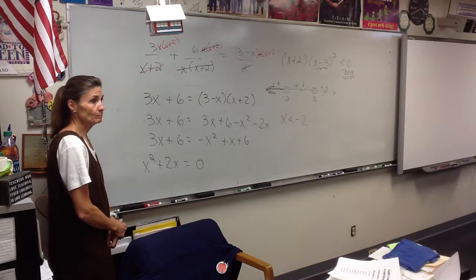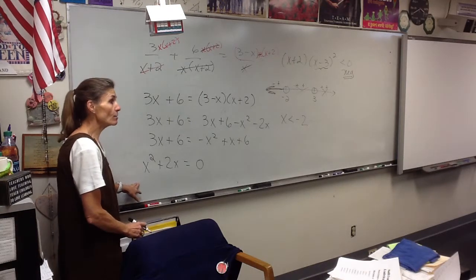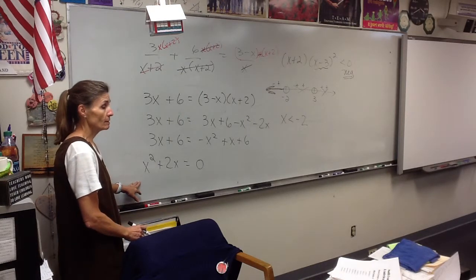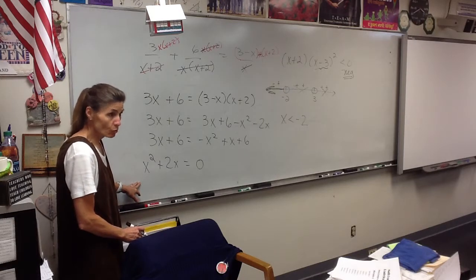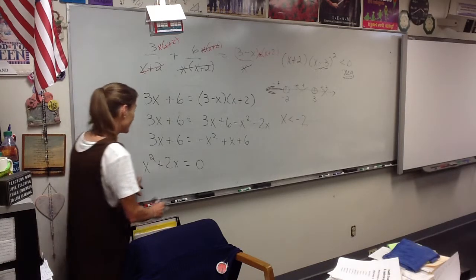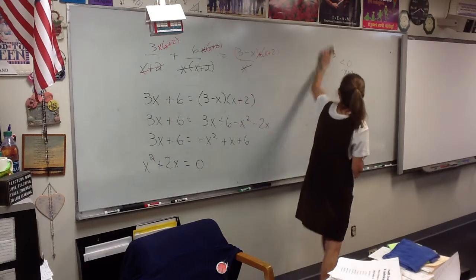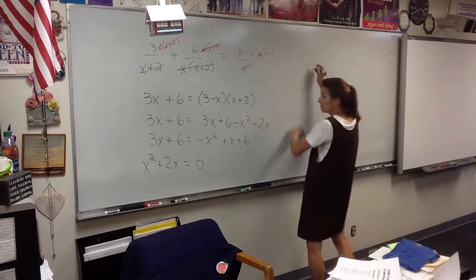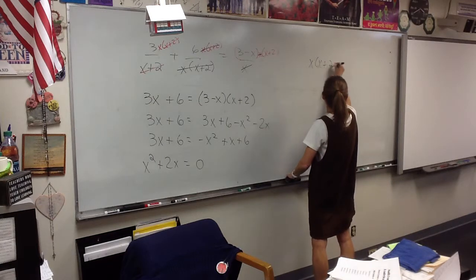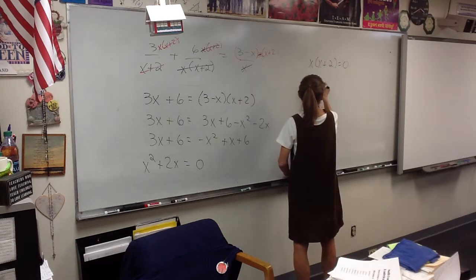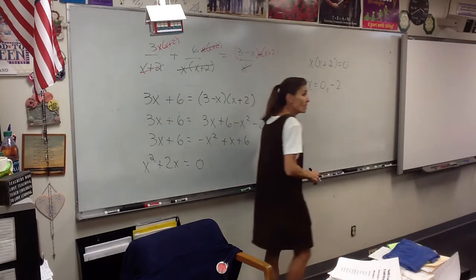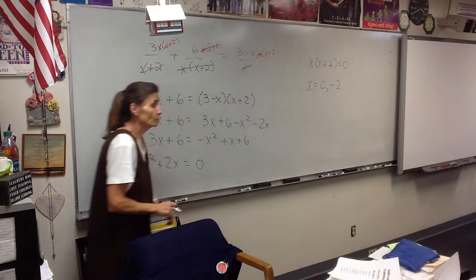What do I do with that? I can factor it or use the quadratic formula. You can always use the quadratic formula. It does factor pretty easily. So I get 0 and -2.